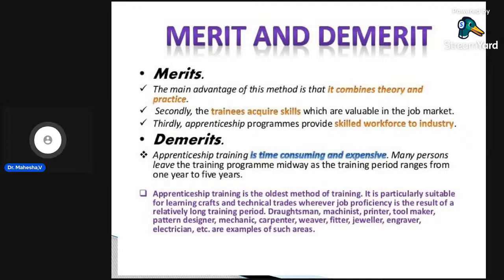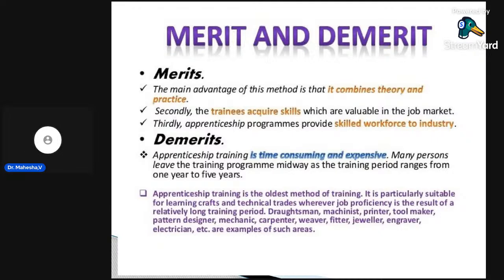Certain demerits: apprenticeship training is time consuming and expensive. It is time consuming because it takes from 6 months to 1 year. Immediately you cannot declare them as qualified, as very skillful employees.